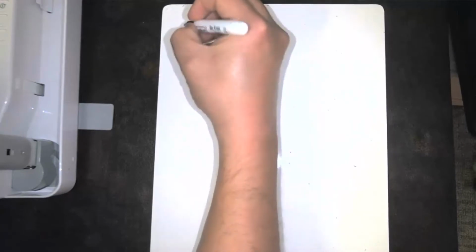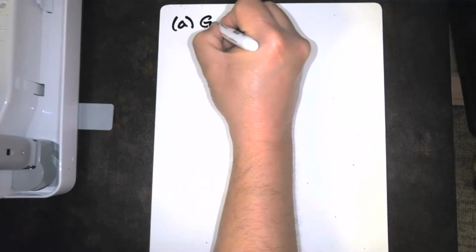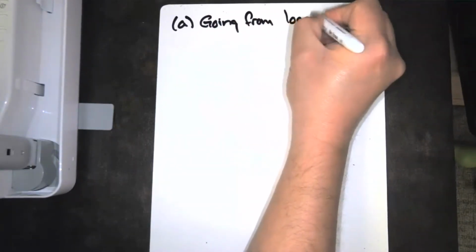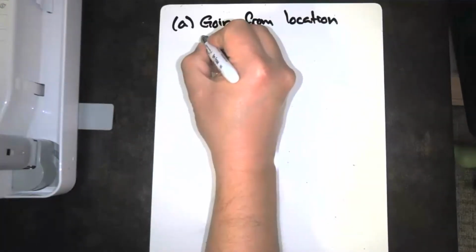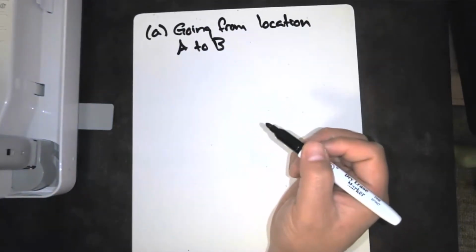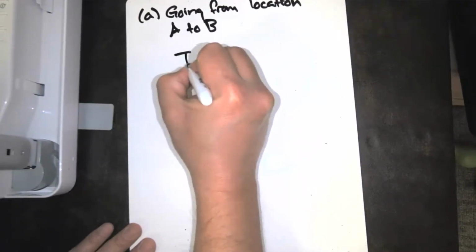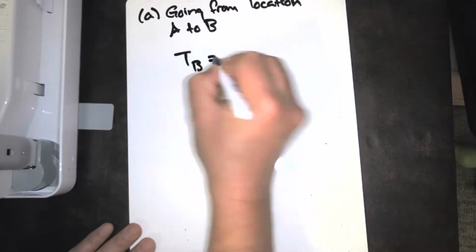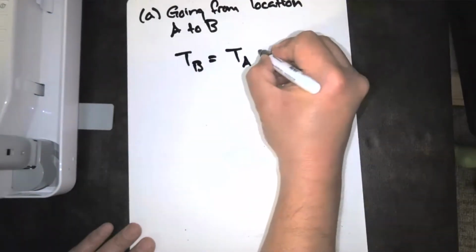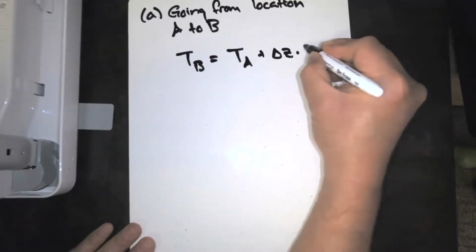Okay, so for part A, we're going from location A to B. The equation that we need here is the temperature at location B is just equal to the temperature at location A plus the change in elevation, delta Z, times a lapse rate.